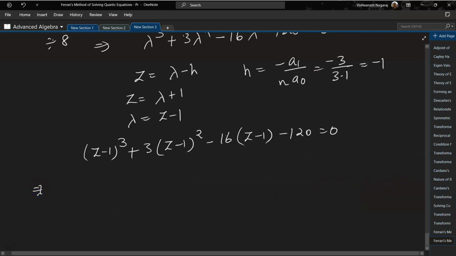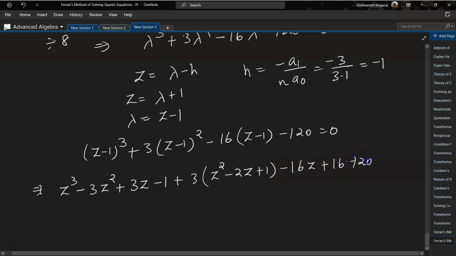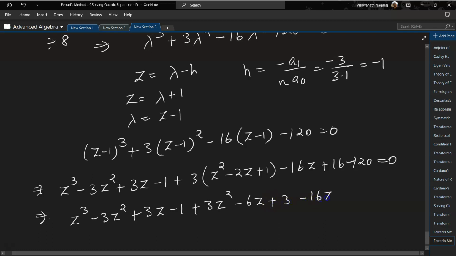Okay, let's expand it. So z³ − 3z² + 3z − 1 plus 3 times (z² − 2z + 1) − 16z + 16 − 120 equal to 0. This would become z³ − 3z² + 3z − 1 + 3z² − 6z + 3 − 16z + 16 − 120 equal to 0.